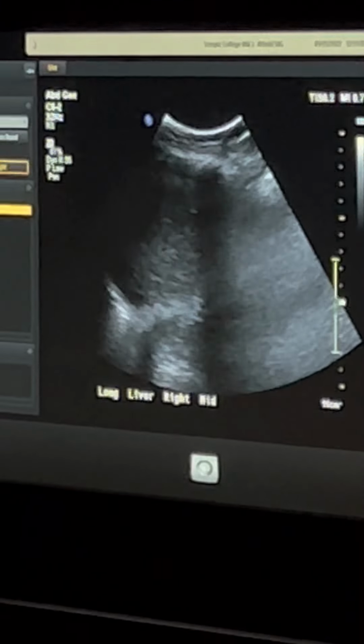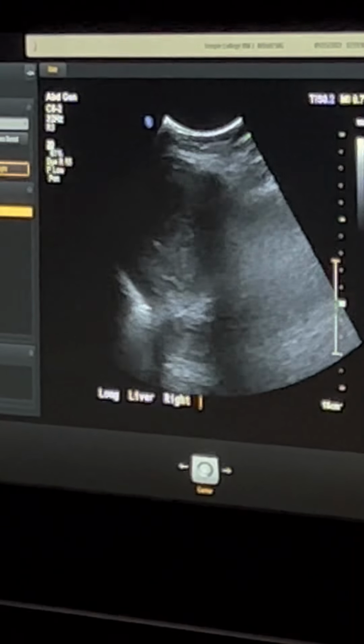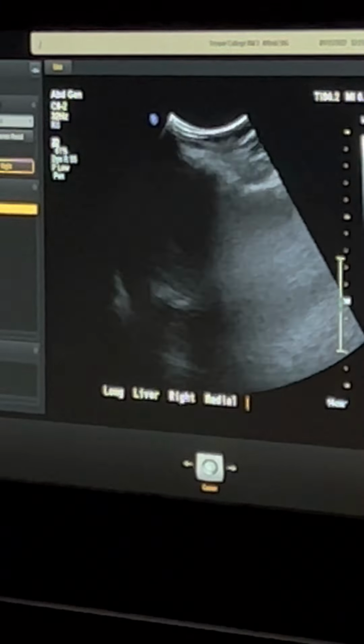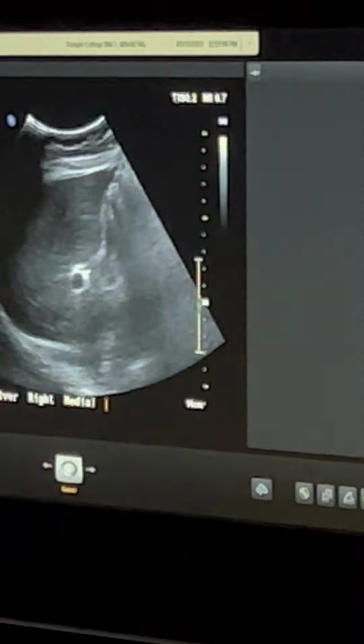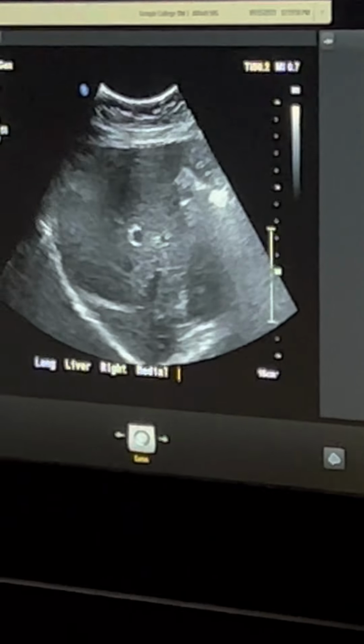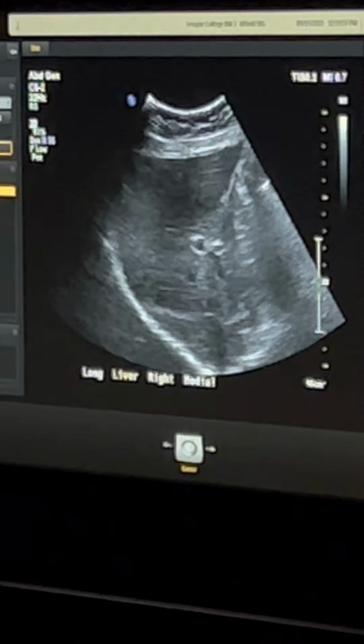Okay. So now, medial. And I'm gonna do medial subcostally. Deep breath. So subcostally, your medial is going to be what landmark?